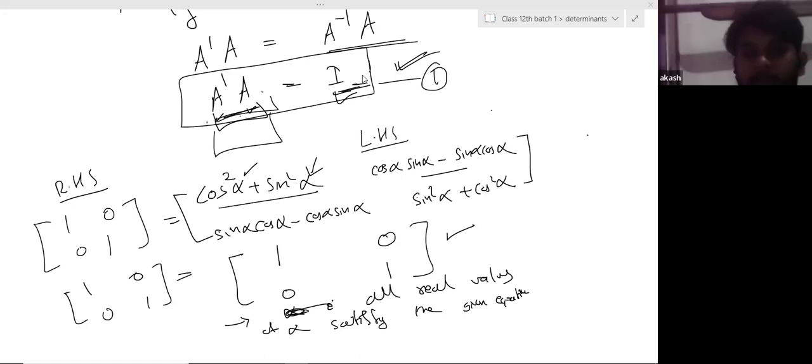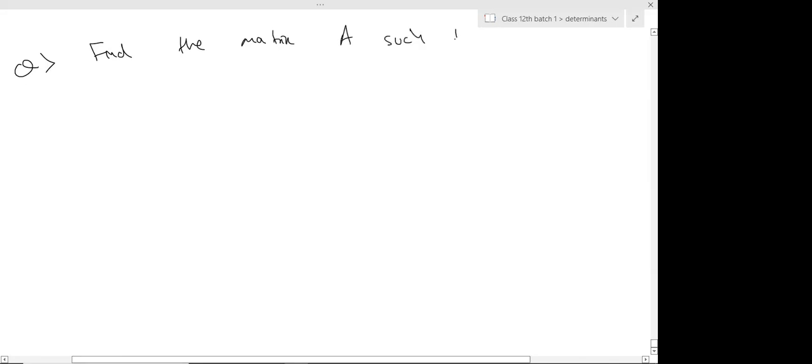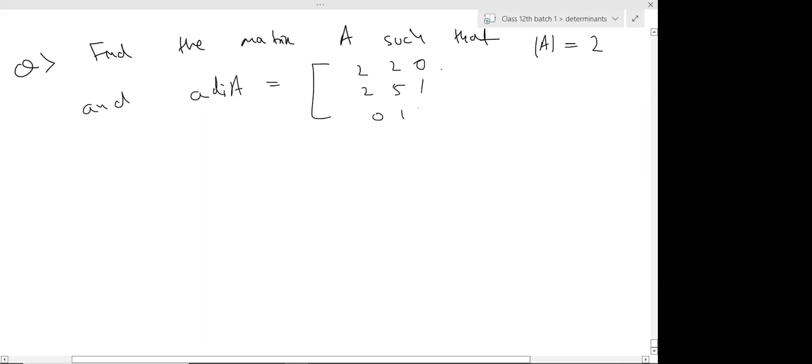All right. Let's try another question. Find the matrix A such that determinant A is 2 and adjoint of A is equal to the matrix 2, 2, 0, 2, 5, 1.